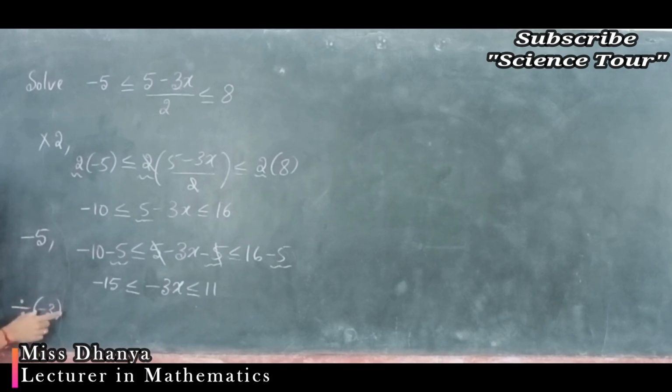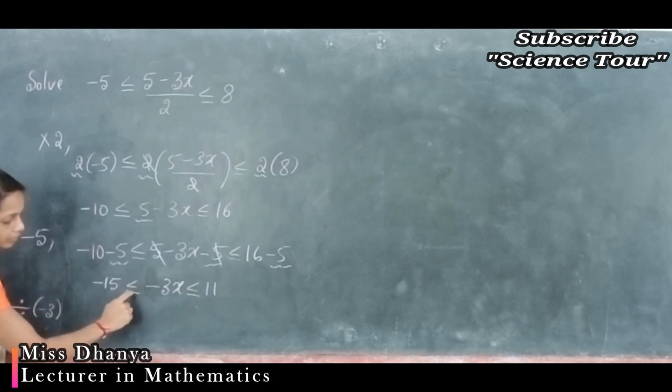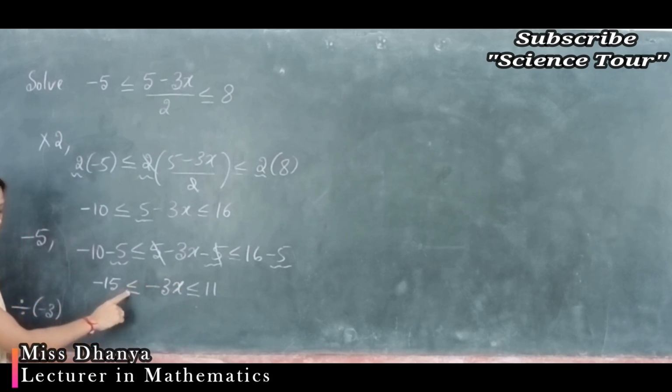Now since we are dividing by a negative number on each side of this inequality, you have to reverse the sign of the inequality. You have less than or equal to here; after dividing by -3, you reverse it as greater than or equal to.